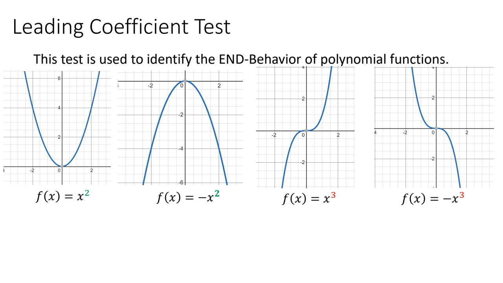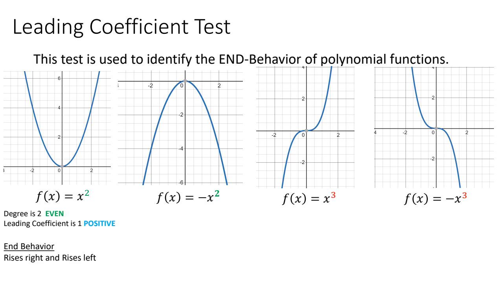Now, the leading coefficient is the value that is being multiplied to the term that has the highest exponent, the degree, which is 2. Here this value is 1, but what I'm more interested in is whether that value is positive or negative. Since this value is positive, the end behavior of this graph is this way.